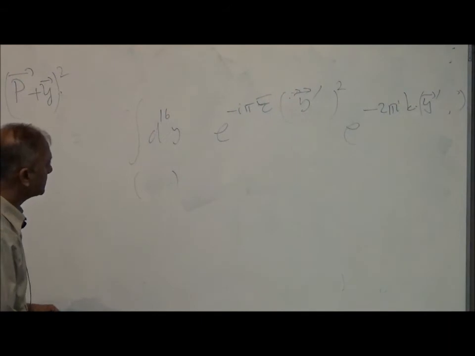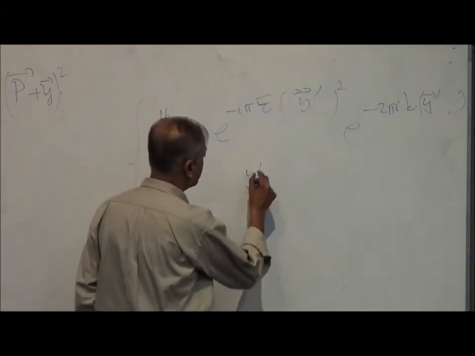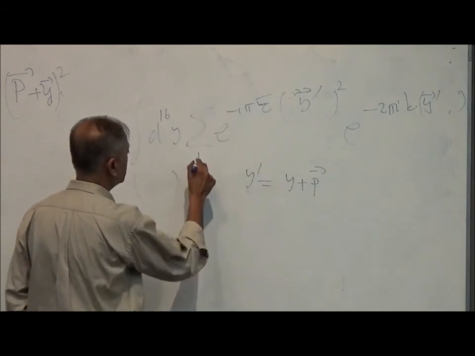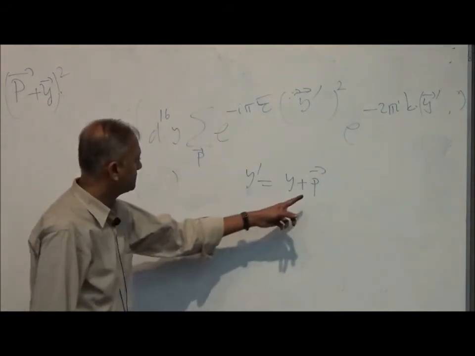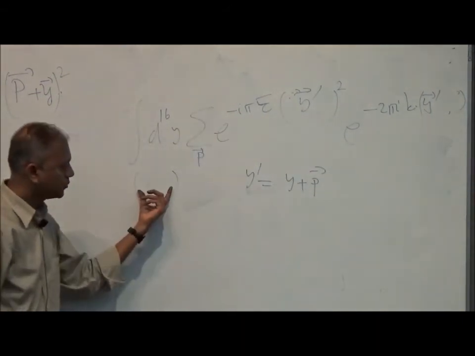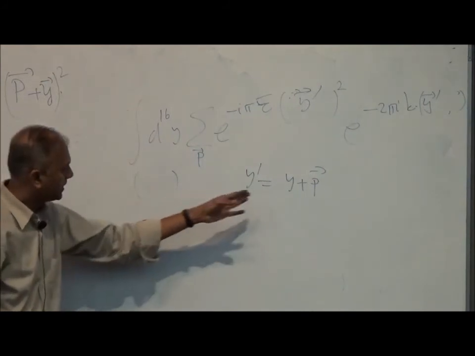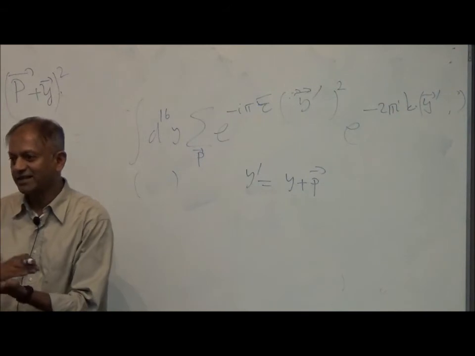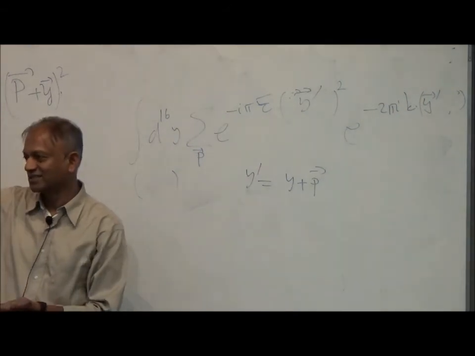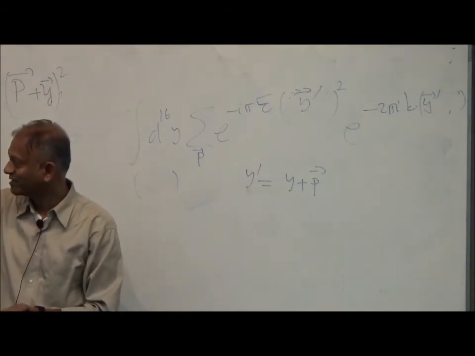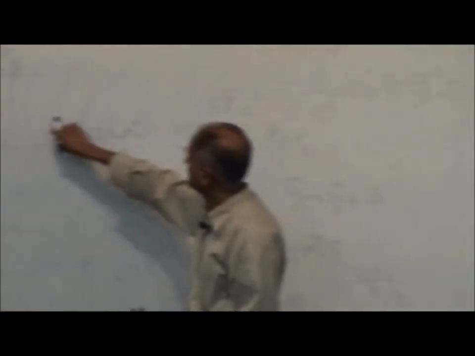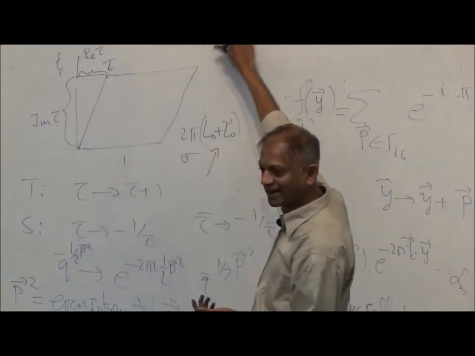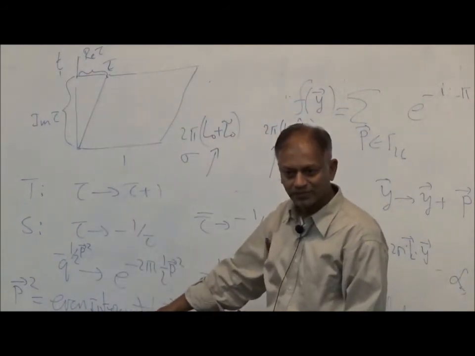But what has happened is that y prime is y plus p. Oh, I forgot, there's also a summation over p. Now, y was in the original basic cell, but when I shift by all possible lattice vectors, that is the same as extending the integration range to the entire 16-dimensional Euclidean space. Just like here, if I shift this by all possible lattice vectors, then I will span the entire R2, right?